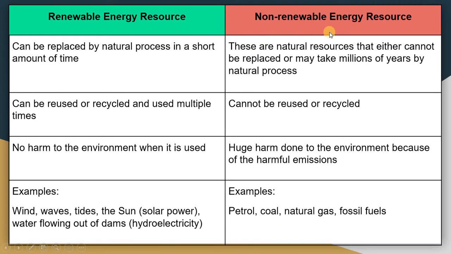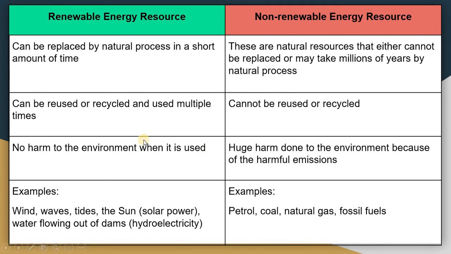Whereas non-renewable energy resources are natural resources that either cannot be replaced or may take millions of years, or sometimes we say it may take a very long time to replenish by natural process. So renewable energy can be reused or recycled and used multiple times. Whereas non-renewable energy resources cannot be reused or recycled.